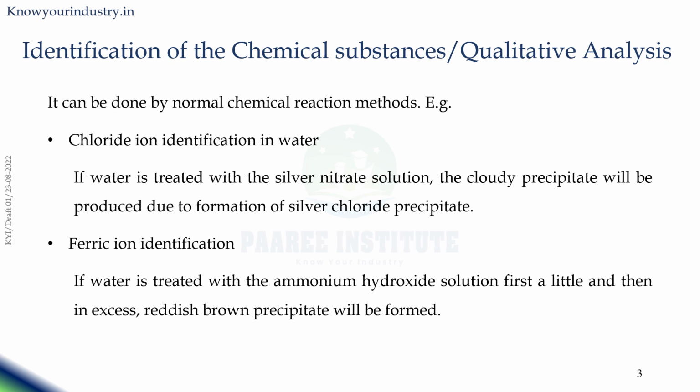So you are confirming the presence of chloride ion in the water. Similarly, you can also confirm the presence of ferric ion in water by adding ammonium hydroxide solution, which forms a reddish brown precipitate, which confirms the presence of ferric ion in water.